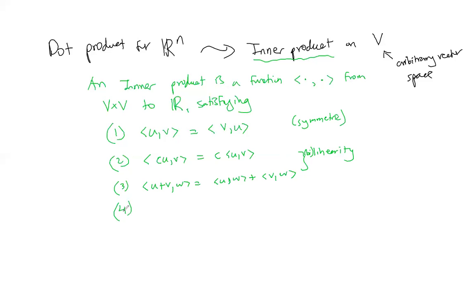And then the fourth one, which is what a dot product needs to satisfy in order to really give us a notion of length and angle, is that the inner product of some vector with itself needs to be at least 0. And actually, if it's 0, then the vector itself is 0.